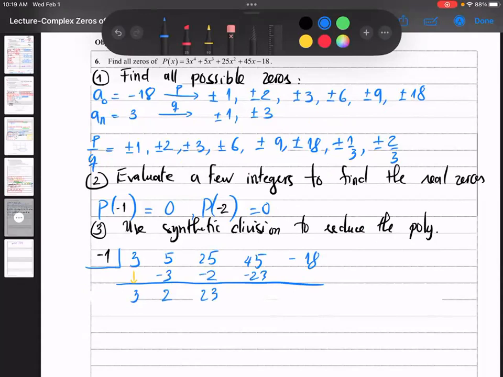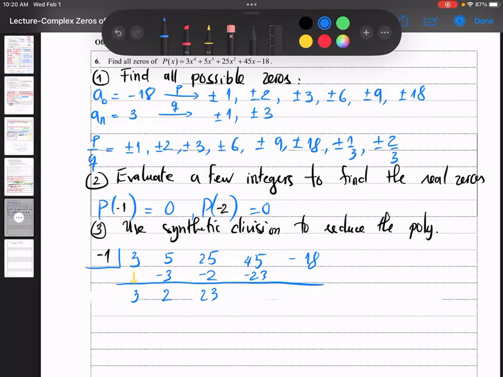Did I make a mistake or something? Negative 3, 2, negative 2, 23. I hate it when I do that. Did I make a mistake?